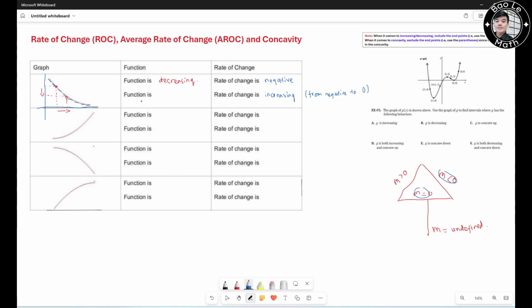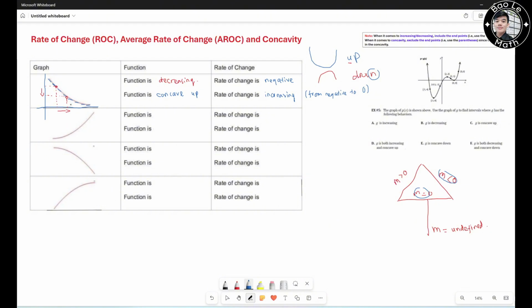Now, if the rate of change is increasing, the function is concave up. If you see the U shape like this, it is concave up. Here's the trick for you to memorize: the U right here, up. Like this, concave down. Concave down, think about this letter right here.